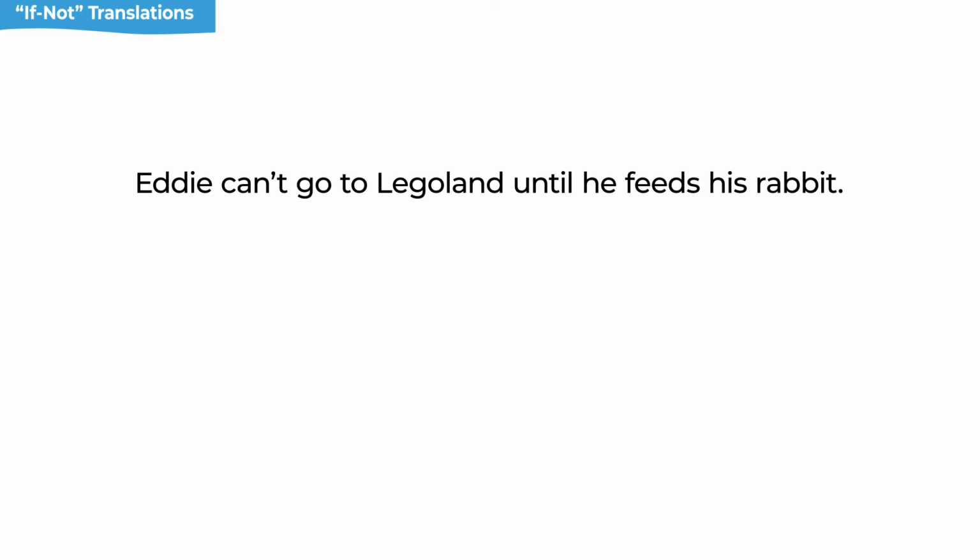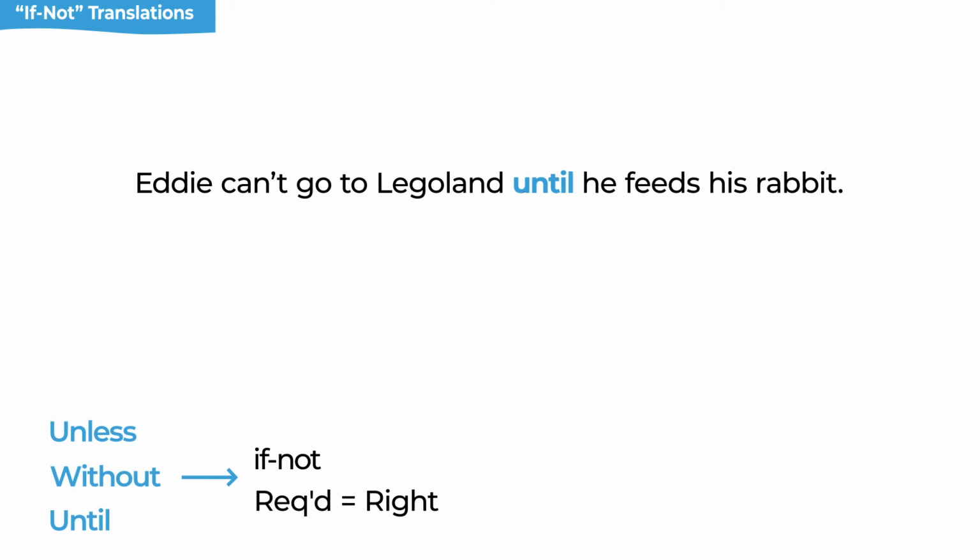Consider this sentence. Eddie can't go to Legoland until he feeds his rabbit. If I see any of these three words, I'll start thinking, okay, I know I can replace until with if not. If not feeds rabbit, can't go to Legoland. The other option I have is to think through requirement vision. Okay, what's required here in this story?